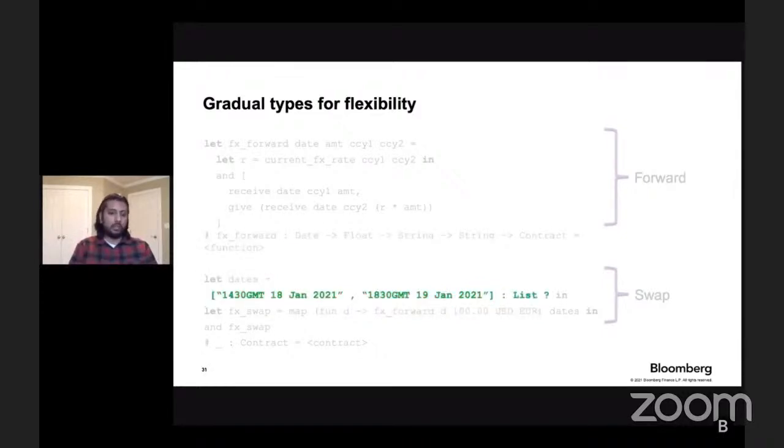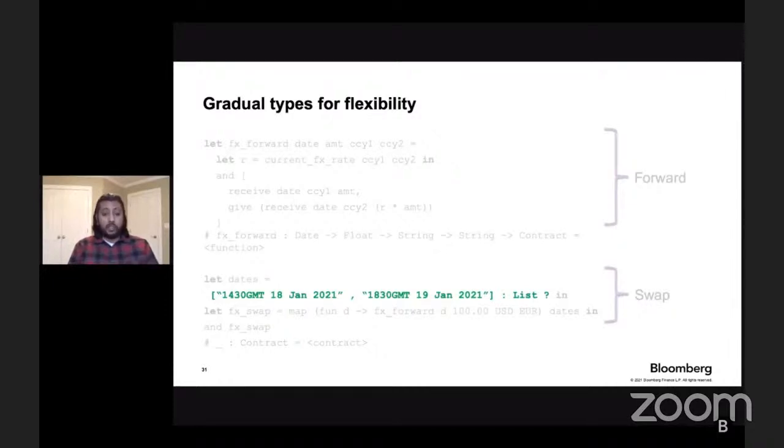And this is exactly what gradual types gives them. So with gradual types, I could annotate this list of strings as a list of dynamic types, and the static type system is not going to complain anymore about this type mismatch that occurs. And the end user can go ahead and try to analyze the behavior of various parts of the contract.